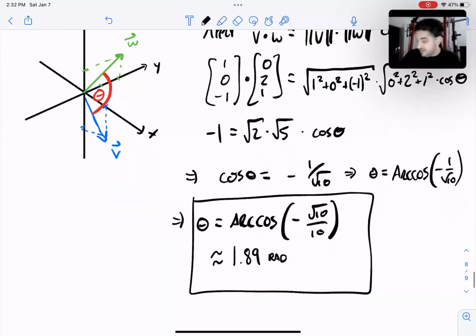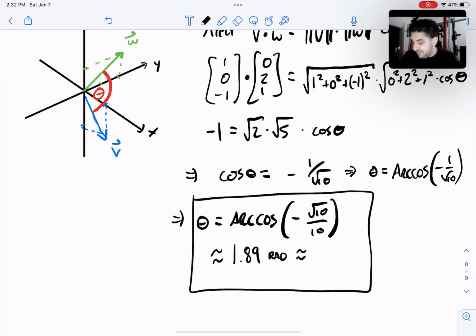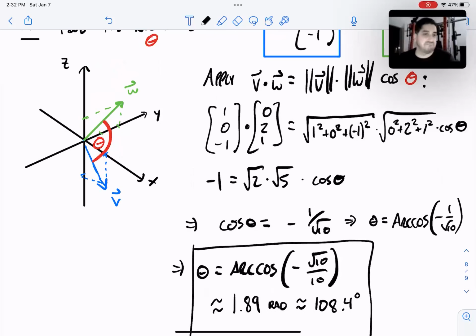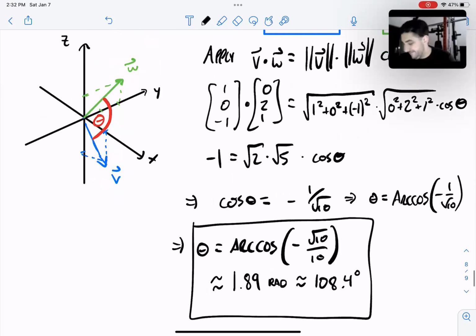And if you convert that to degrees, that would be 108.4 degrees, which again, from our picture, kind of makes sense. You can see that it looks a little bit bigger than 90.